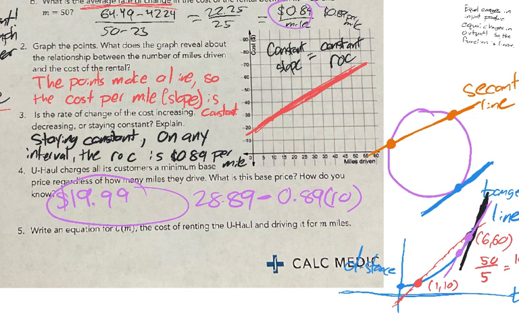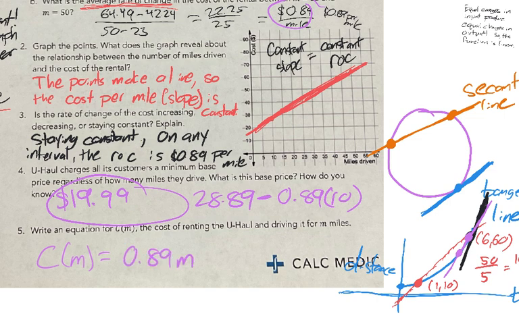Okay? So if I had to write an equation for the cost of renting a U-Haul and driving it for M miles, C of M is going to be equal to, so we know the relationship is linear. So how do we write linear equations? 0.89.